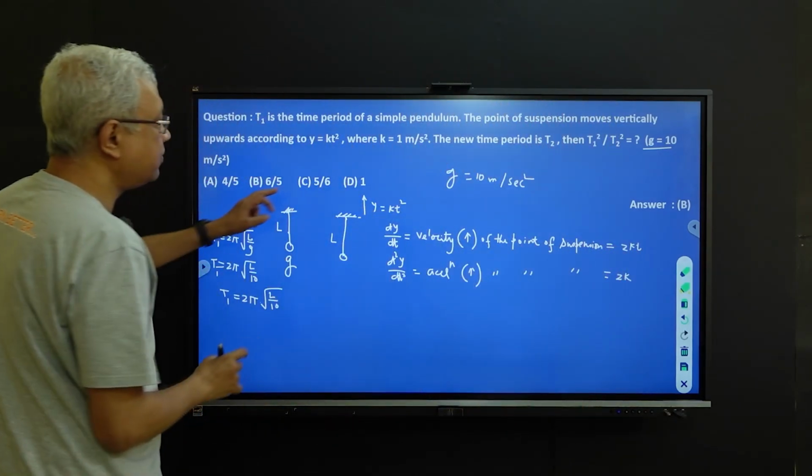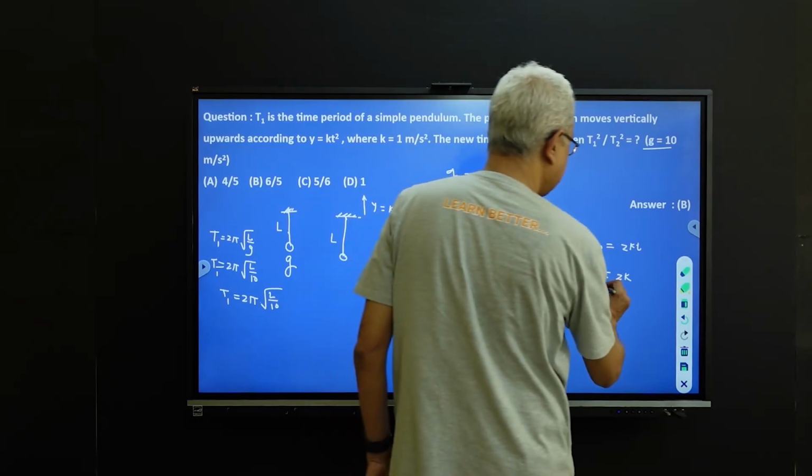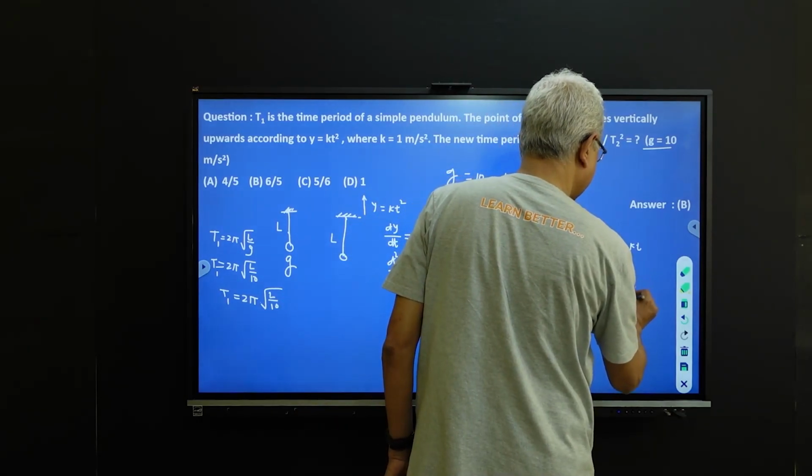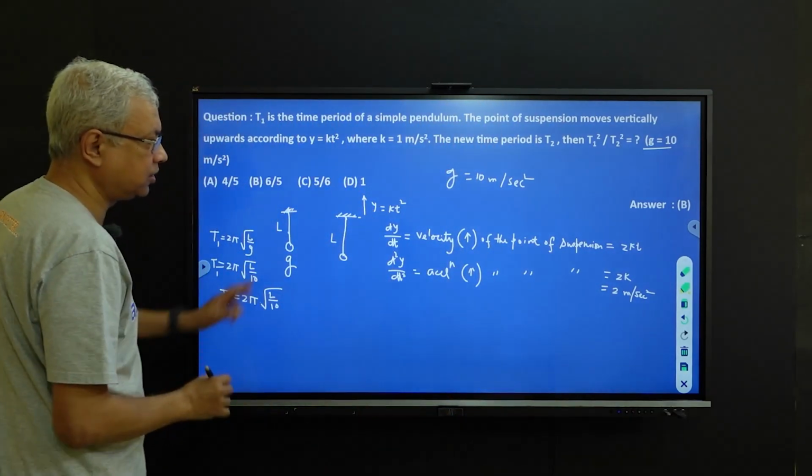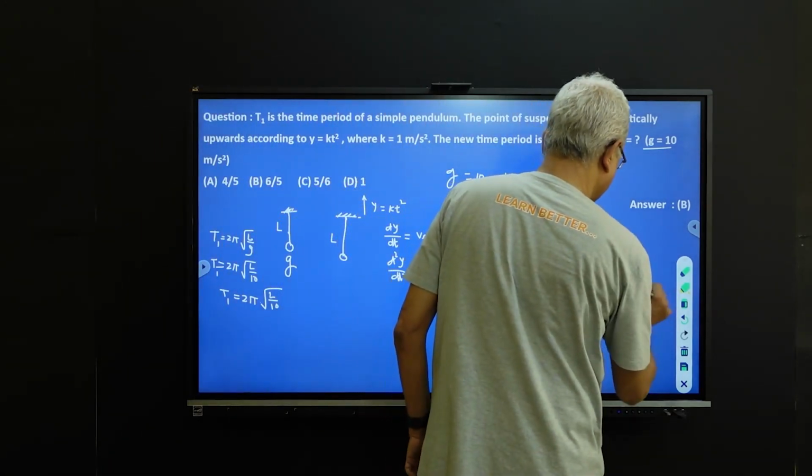But k value is 1 meter per second square. So it is 2 meter per second square.